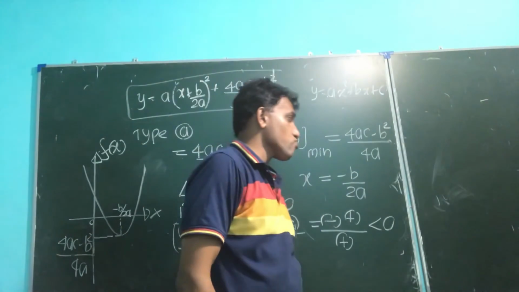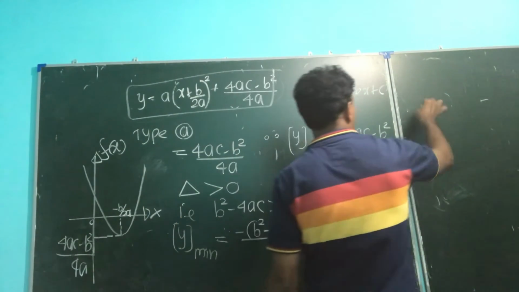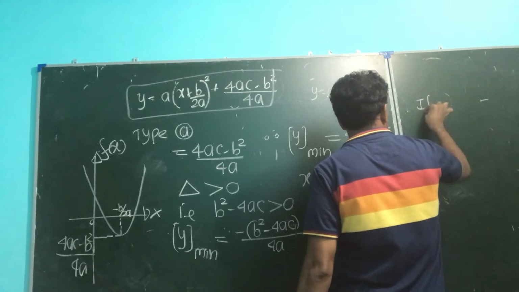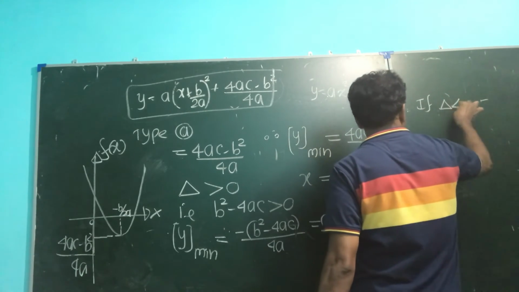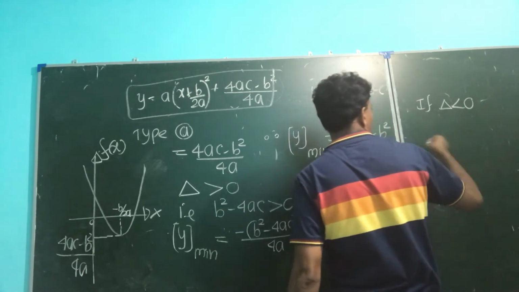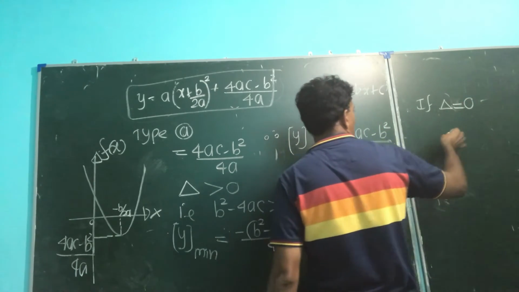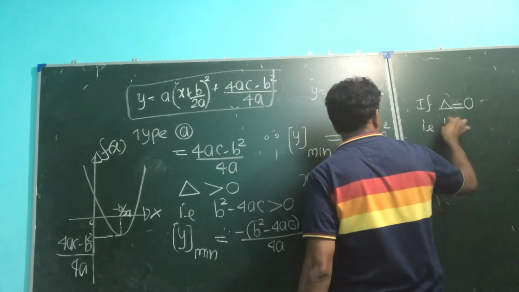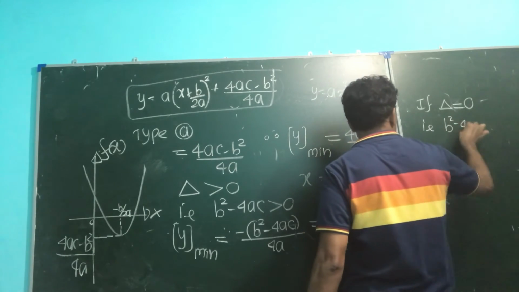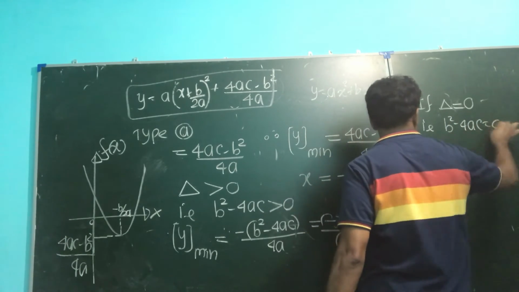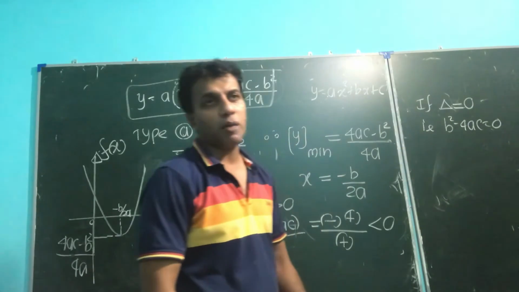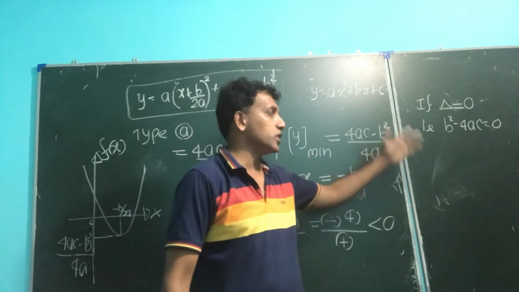Type B, write this: if delta equal to 0, that is, what is delta? B square minus 4ac equal to 0.